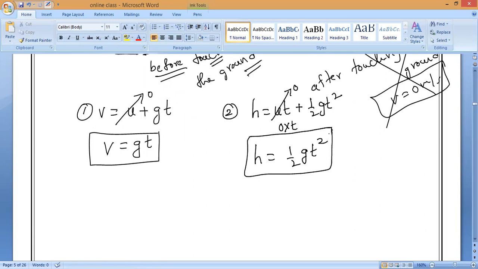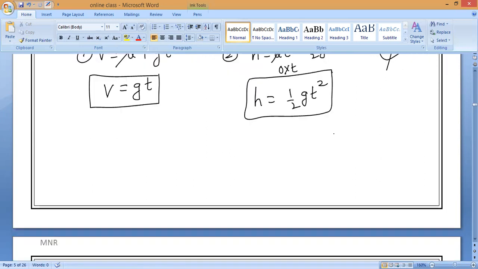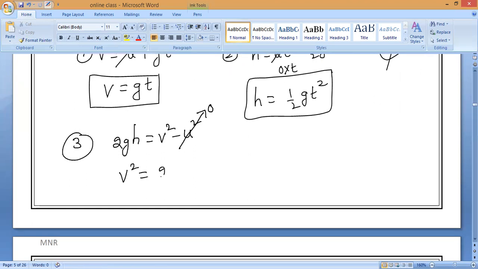That is the second equation for the freely falling case. Now third equation, tell me. 2gh equals v square minus u square. If u is 0, u square also becomes 0. So v square equals 2gh. Understand, everybody? Yes, sir. That is what we have to remember.